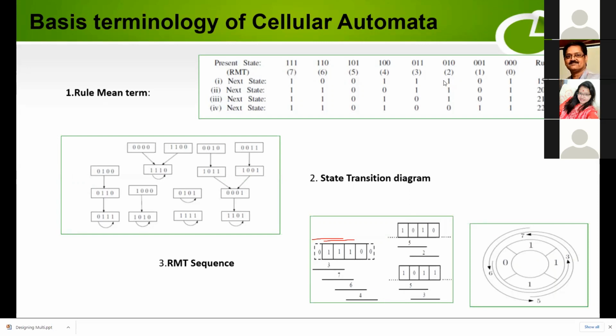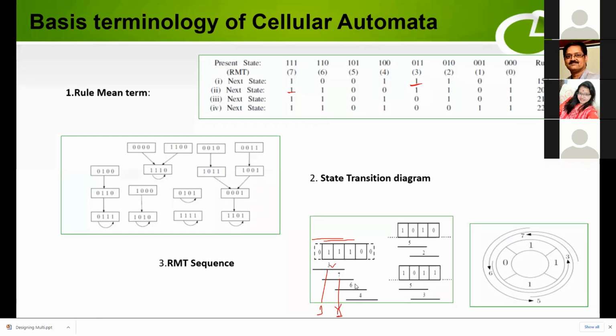For the calculation of the next state, you can see that our first RMT is 3, so we consider rule 1 here, and the value is 1, so I put 1 here. For the 7, I consider rule 205, the 7th RMT, which is also 1.